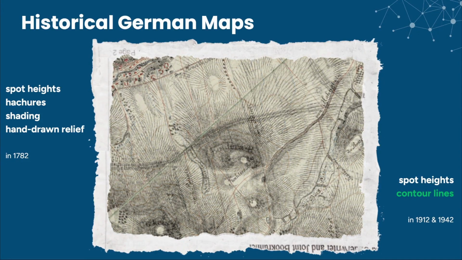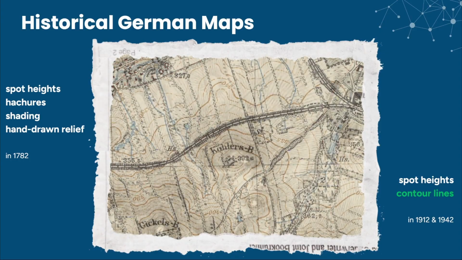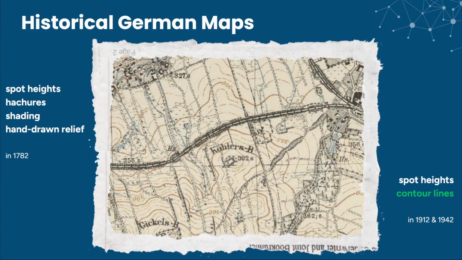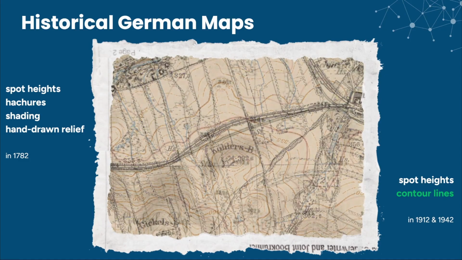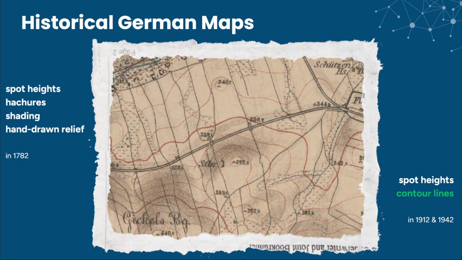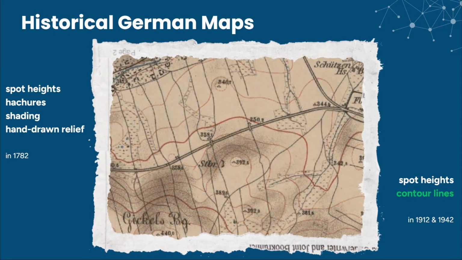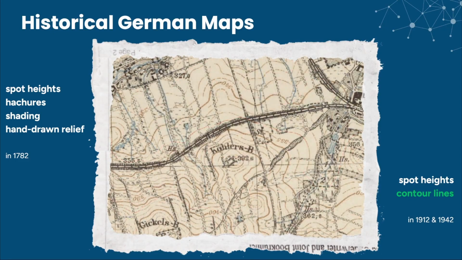Older maps often represented terrain with spot heights, hachures, shading, or hand-drawn relief. These methods could be visually impressive, but they often depended heavily on interpretation and were not always easy to read in a precise and measurable way. Contour lines changed that.